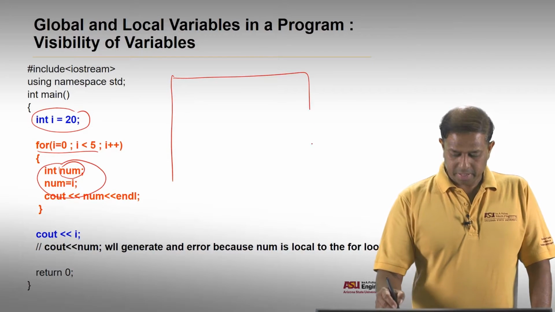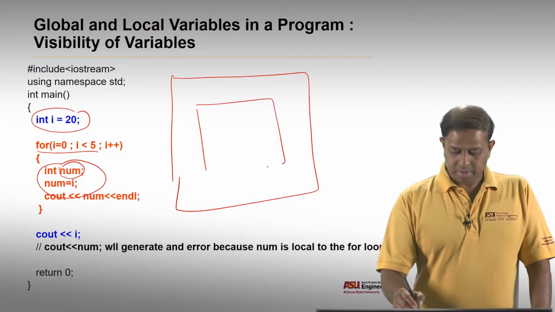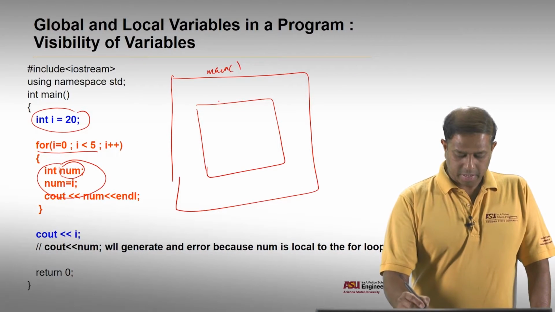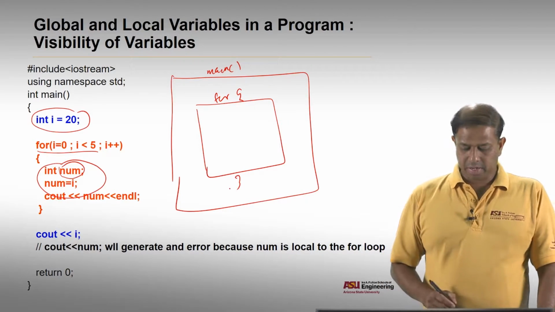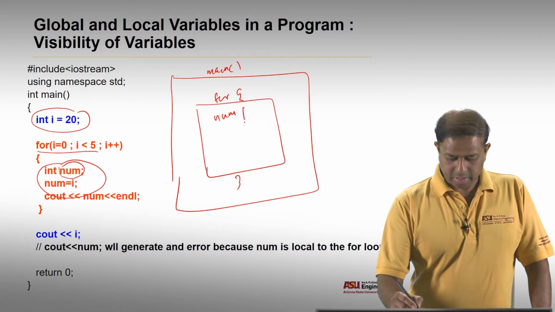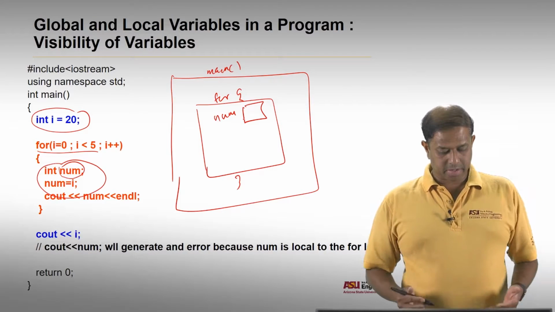Now inside the main method, we have two code blocks. The first one is the main code block, and then this one is a for loop code block. Inside the for loop code block we have the variable num defined, and we change the num based on these values.